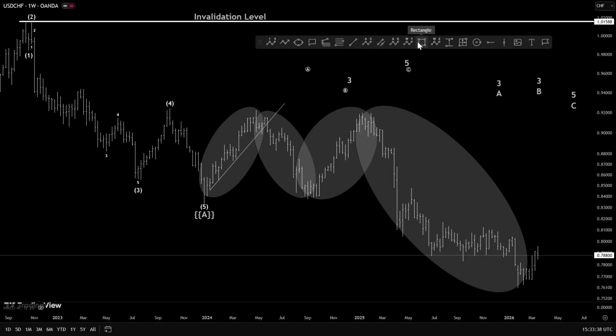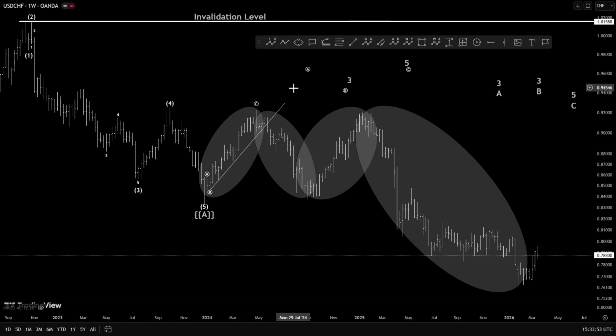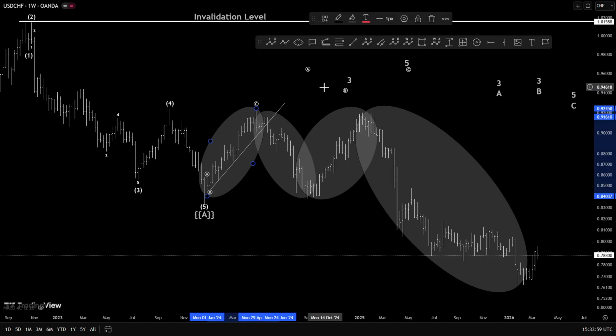So let's give it its labels, which is ABC, right? This is A, and this is B just below, and this is C. And C forms what is called an ending diagonal. You know, an ending diagonal is what? It is 5.